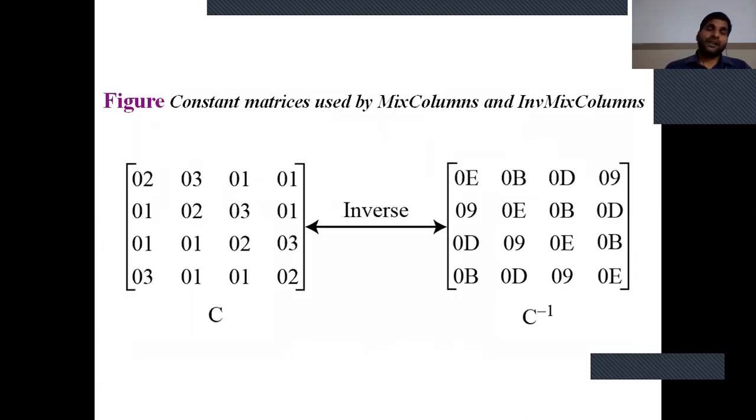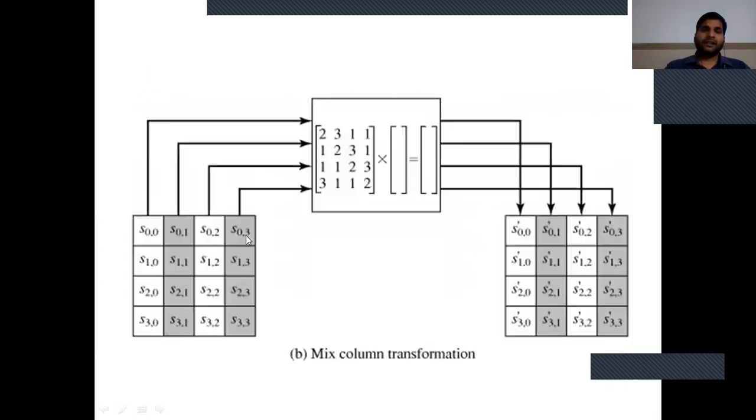So a column of the state array is multiplied by the predefined matrix and the resulting values are stored in the next state array. So this is the operation of the mix column transformation.